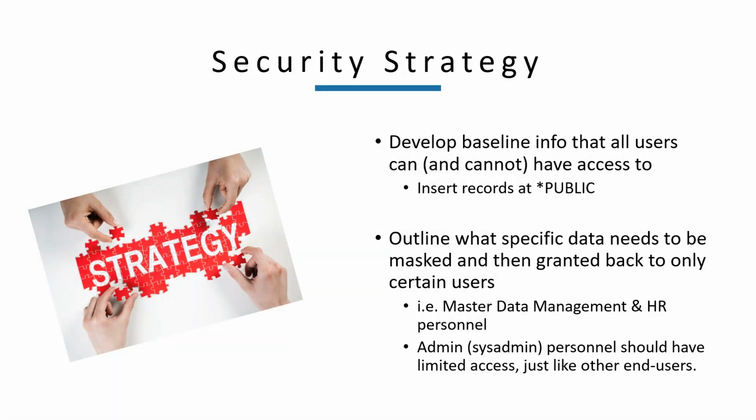First and foremost, and it's not just the security project team here at GSI, but I would assume any good project team, there's always a strategy session. Develop a baseline of info that all users can or cannot have access to, and insert this at Star Public.